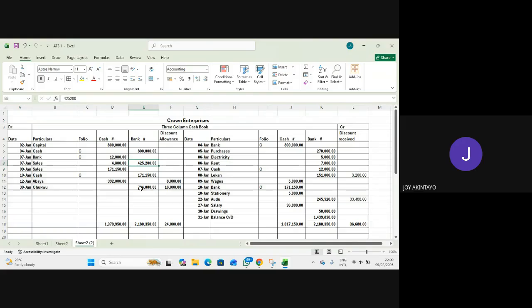Type 800,000 naira, plus 425,200, plus 171,150, then plus 784,000 naira.